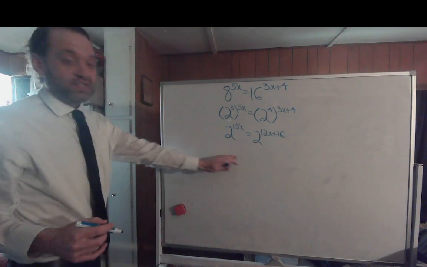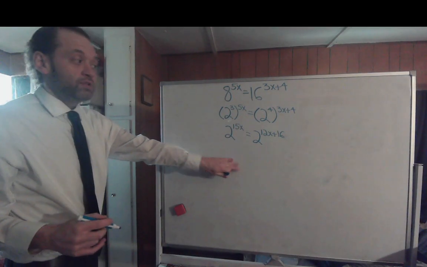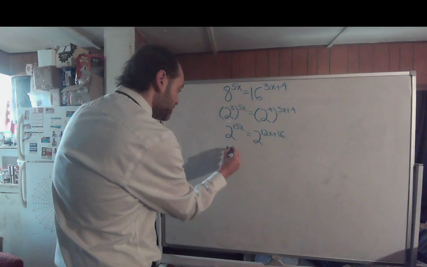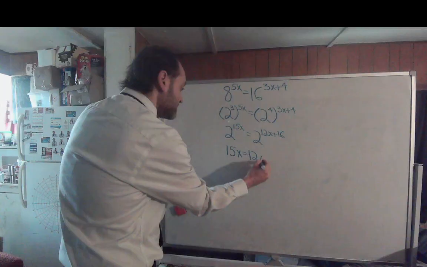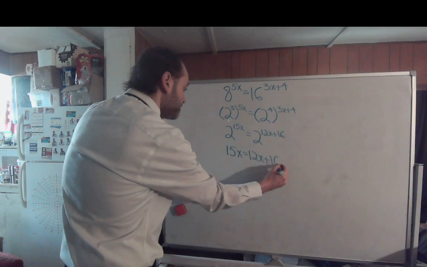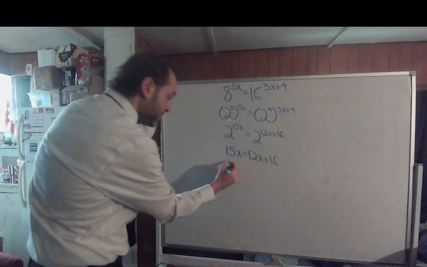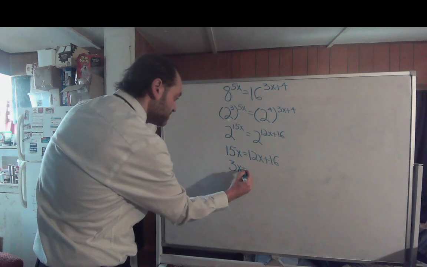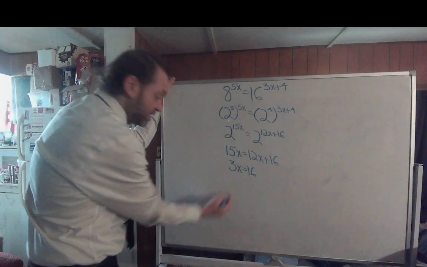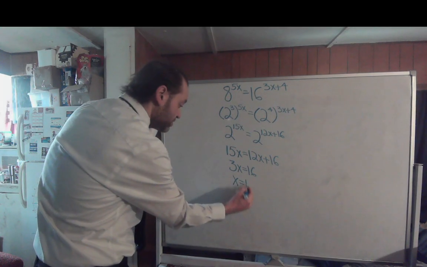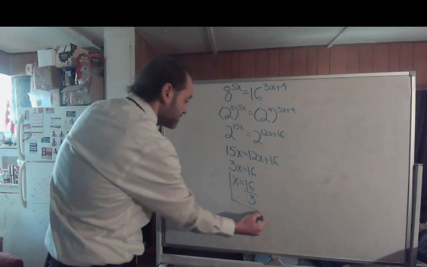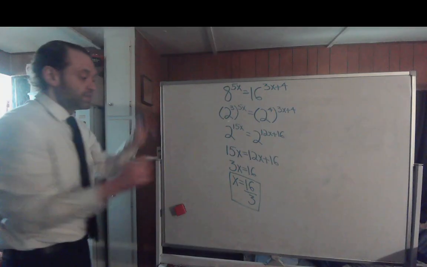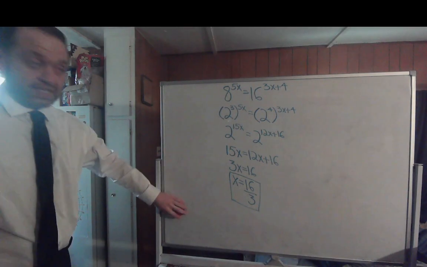Well, now you've got the same base, base 2, so just set the exponents equal to each other. You would get 15x equals 12x plus 16. Then just solve for x. You should get 3x equals 16, which would give you a value of x equal to 16 thirds. So the answer you should get for this is that x would equal 16 thirds.